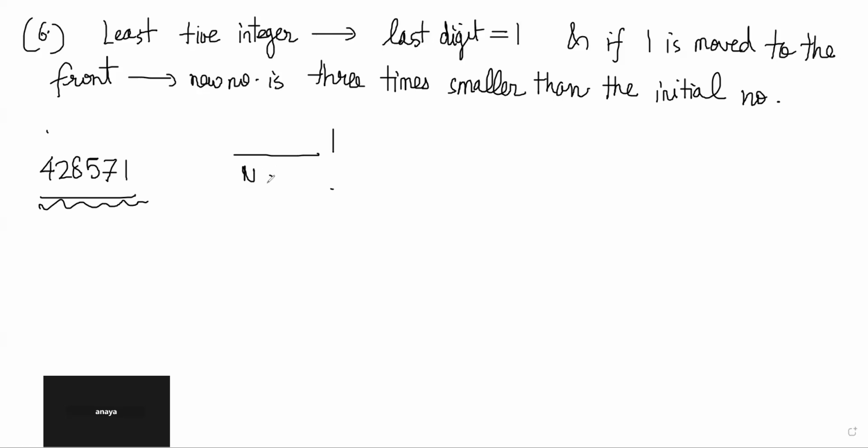Let's say this has n digits. So if 1 is moved to the front, the new number is like this. And the new number is 3 times smaller than the initial. So 3 times of this should be equal to this, right? Correct? Yeah.